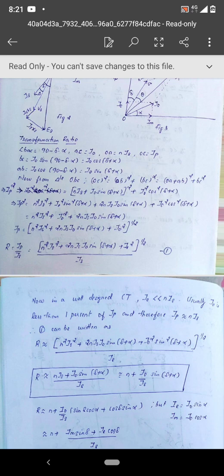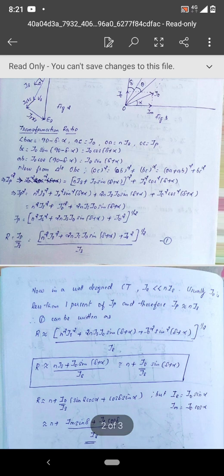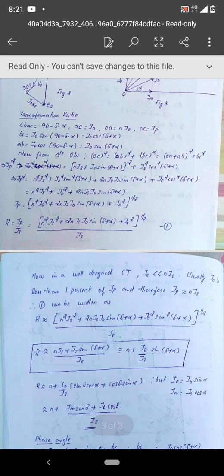Over that there is a 1 by 2, so everything is coming under root. That square and that root get cancelled. What is remaining is R approximately equal to NIS plus I naught sine delta plus alpha divided by IS. If we divide the whole thing by IS, the remaining thing will be N plus I naught divided by IS sine delta plus alpha.